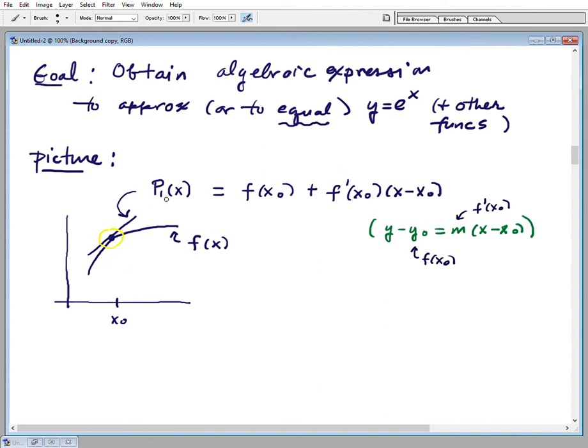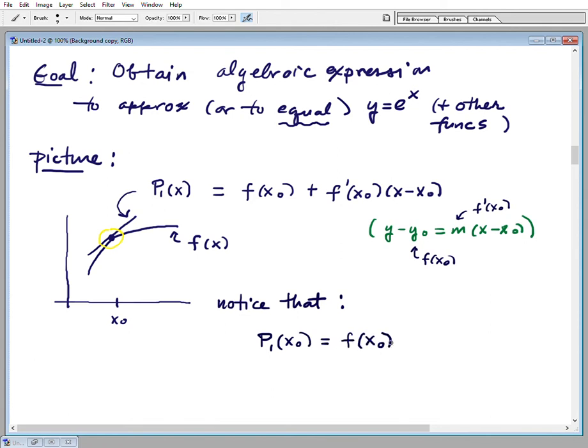Now, what does p1 of x have in common with f of x? So notice the following first. First, we definitely have that p1 of x0 is equal to f of x0.